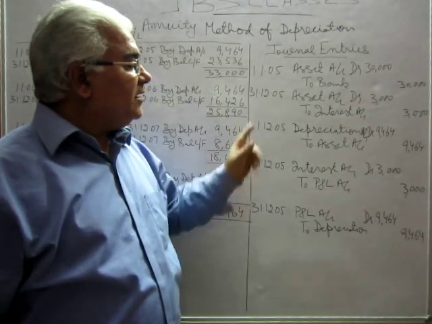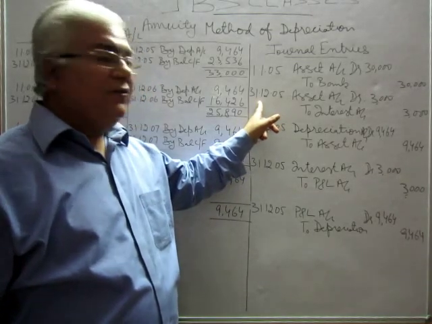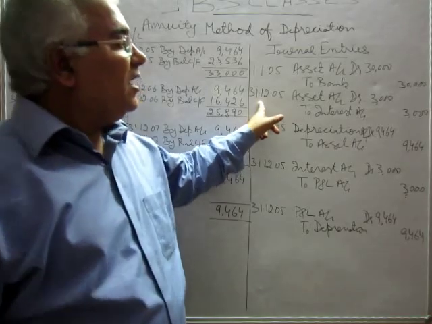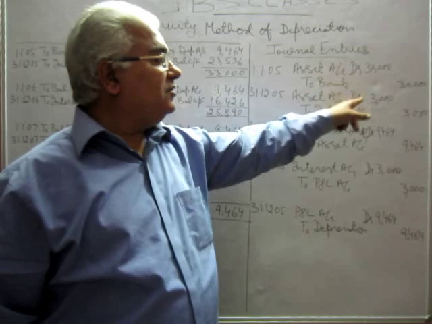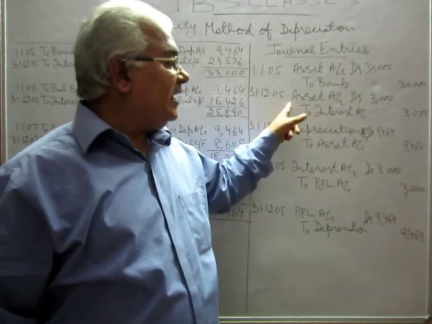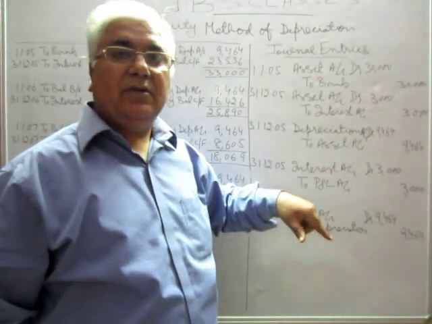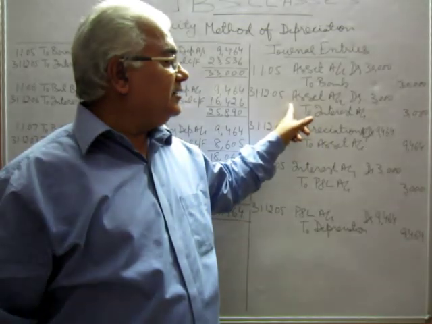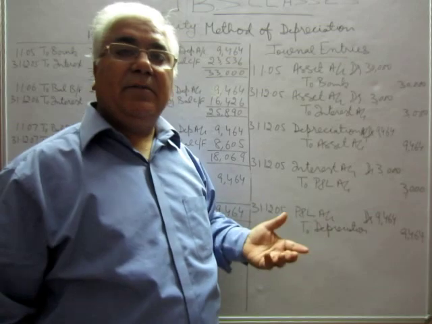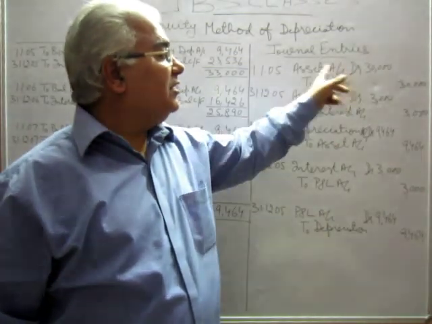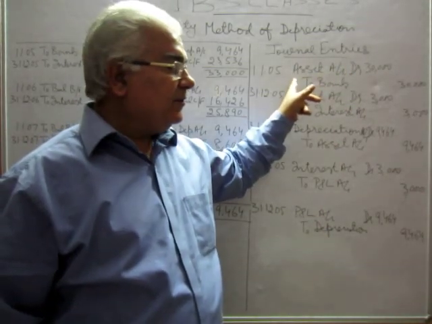The main thing is that at the end of the first year, we charge interest on the outstanding amount, that is 30,000. 10% of 30,000, 3,000, and entry is asset account debit to interest account. That means we have debited asset with 3,000 more. That means we are recognizing the opportunity cost of this 30,000 invested in asset.